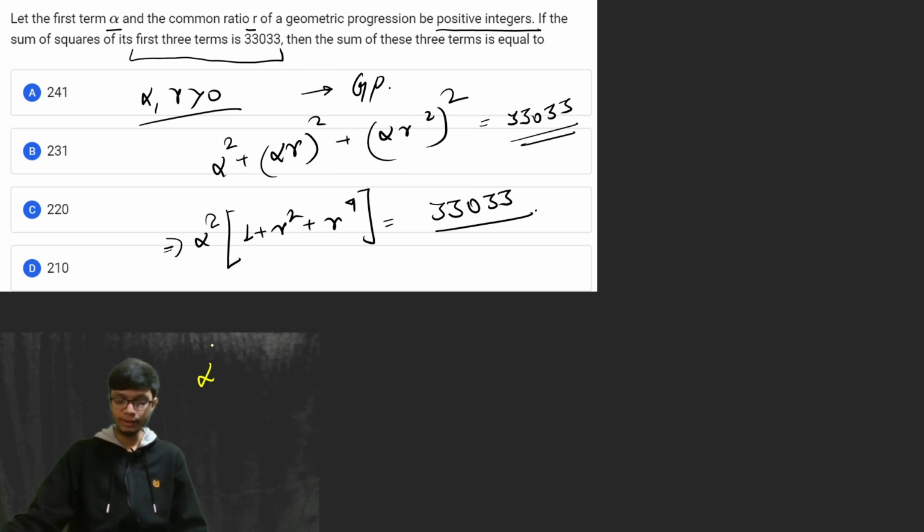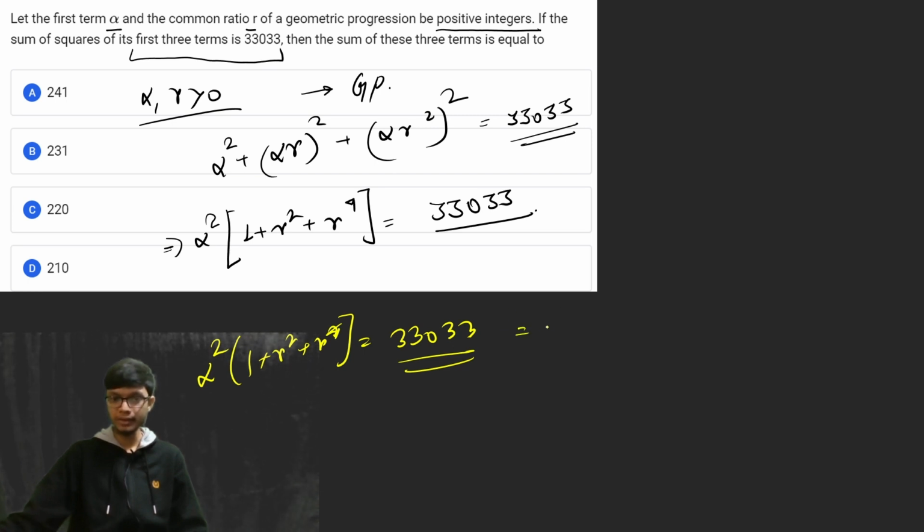So you can see that this is alpha squared times (1 plus r squared plus r to the power 4) equal to 33033. Now what I can observe from here is that if you look at these values, you can write 33033 by prime factorization as 3 into 7 into 11 into 11 into 13.